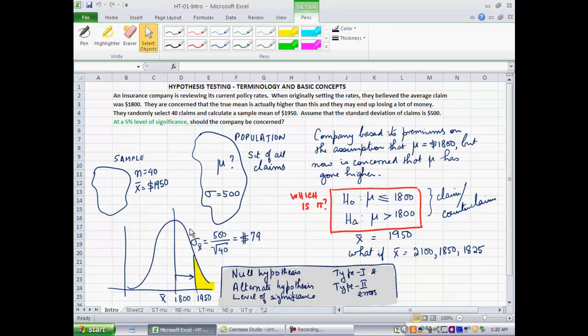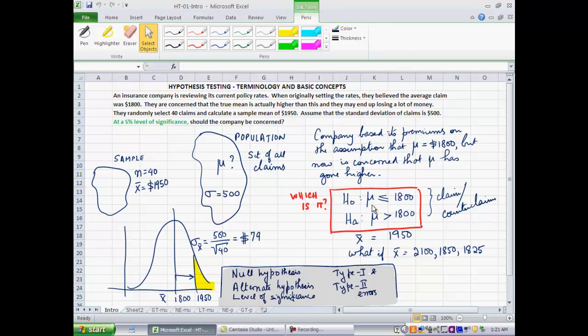If our answer to the question is that it's highly unlikely that we would be observing at least as extreme a value as the sample statistic that we saw, provided the null is true, then we are able to reject the null with a fairly high level of confidence, meaning that the likelihood of having made a mistake is fairly small.